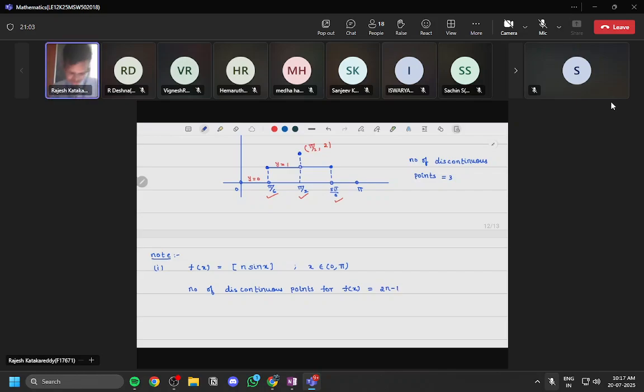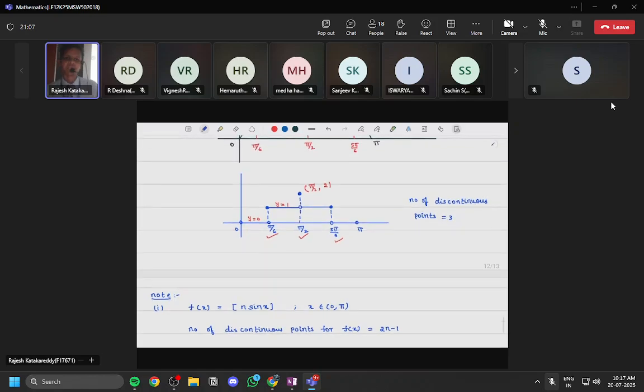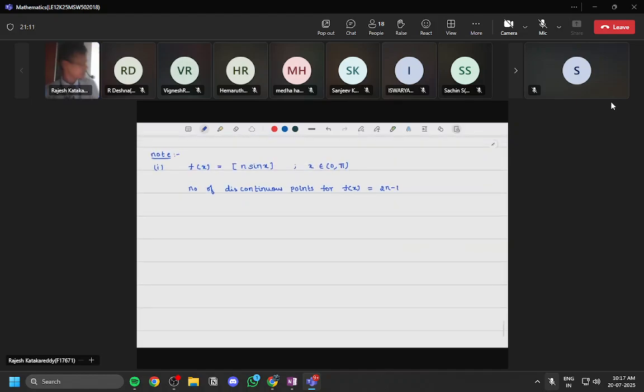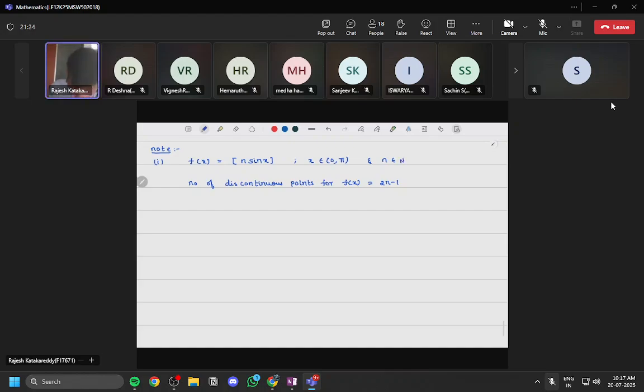In this case, n value is 2. 2 twos are 4 minus 1. Anything else? Notice that n must be an integer, only in that case this will be valid. Natural number, not only integer, or else it will go negative. Now let us see differentiability. Clear?